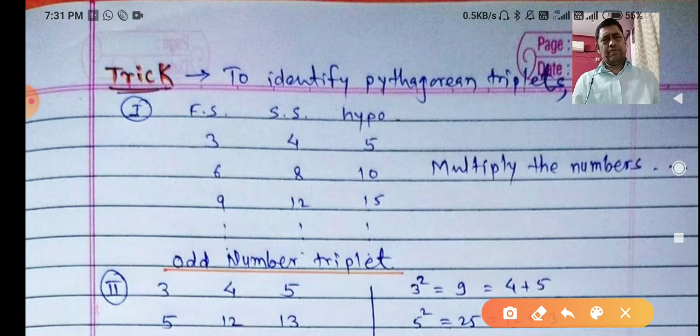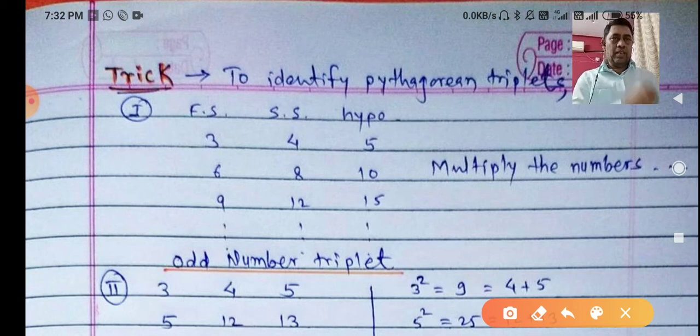Every time it is used when we design a ground, that time we always use this triplet. When we make a house, that time we also use this triplet.